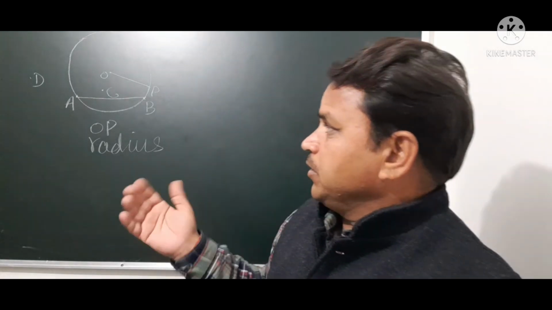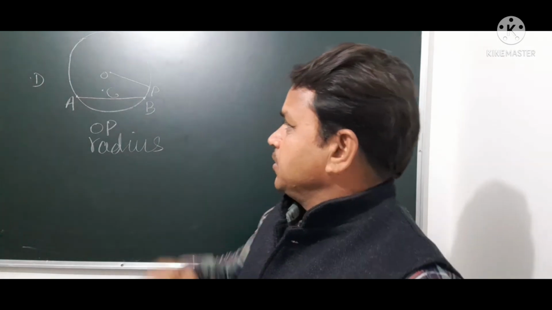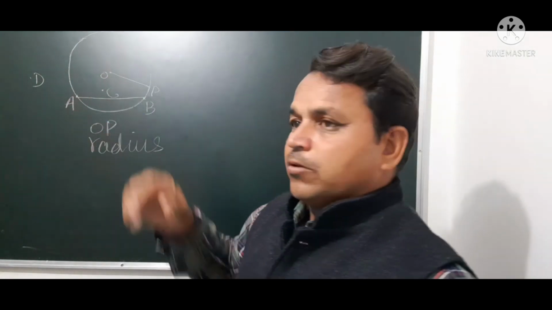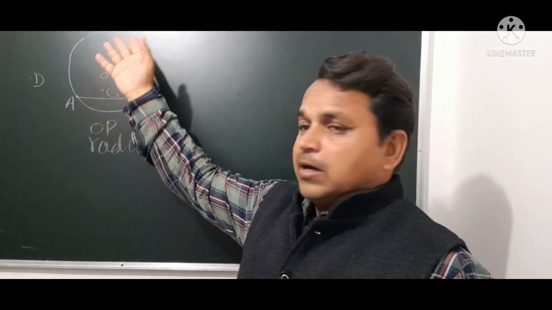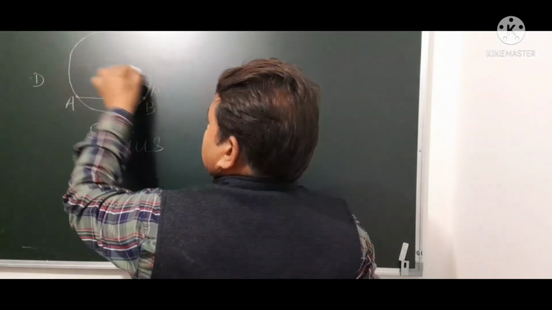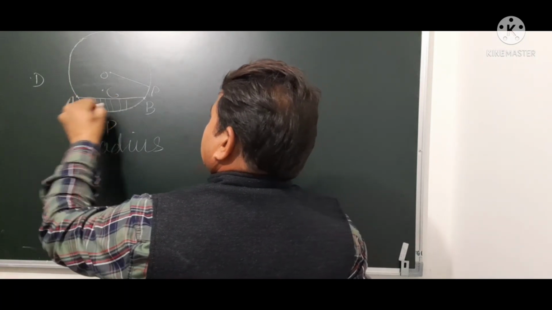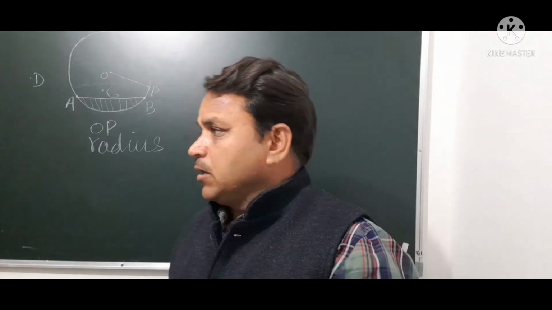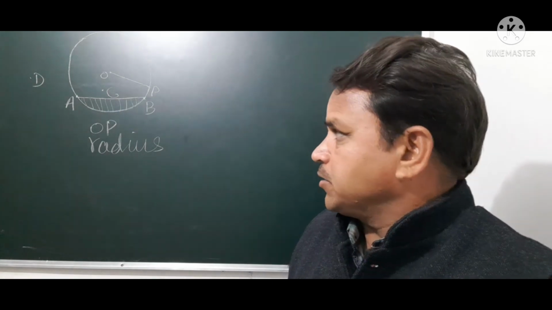Now, along with the chord, we will see another new term. You may well understand that this chord has divided the whole circle into 2 parts, out of which one is smaller and the one is larger. This portion of the circle is larger and this is the smaller portion of the circle. These parts of the circle into which the chord AB has divided it are known as the segments.